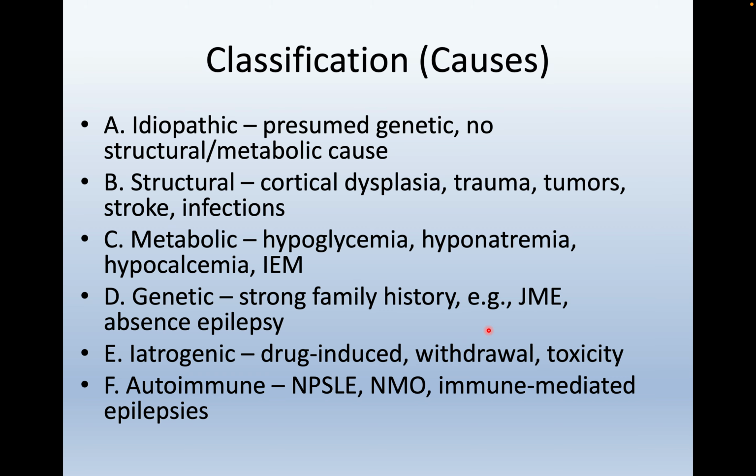It could be due to genetic causes with a strong family history, like juvenile myoclonic epilepsy or absence epilepsy, or it could be drug-induced, iatrogenic: withdrawal symptoms of some medication, toxicity of other medication, or some autoimmune disease, which is not common but sometimes should be mentioned.